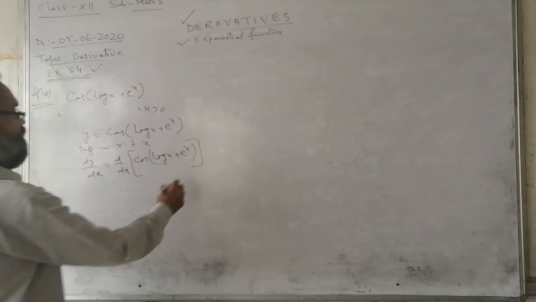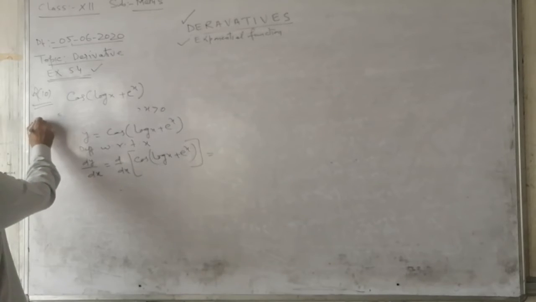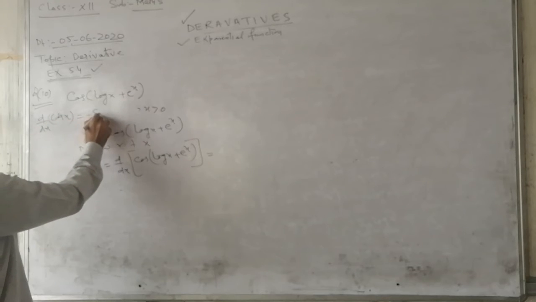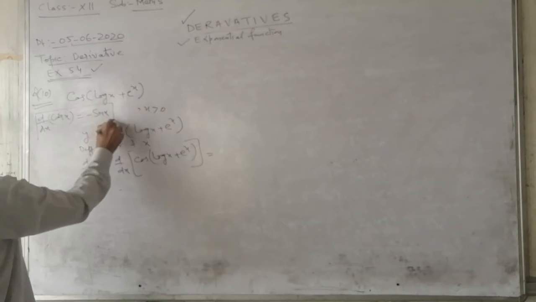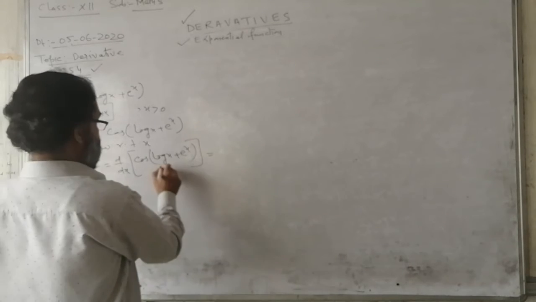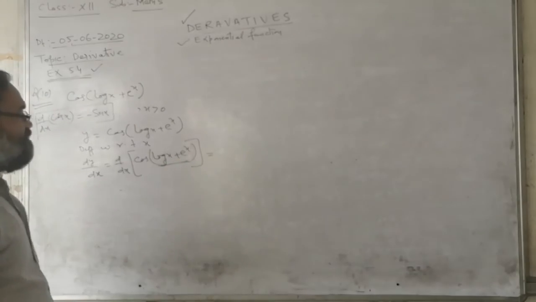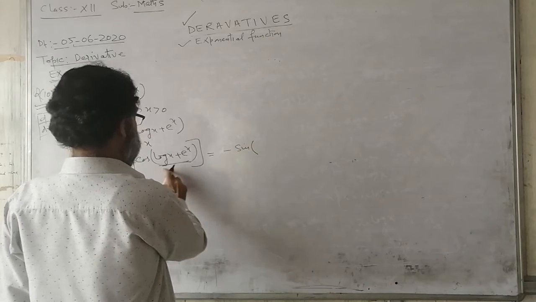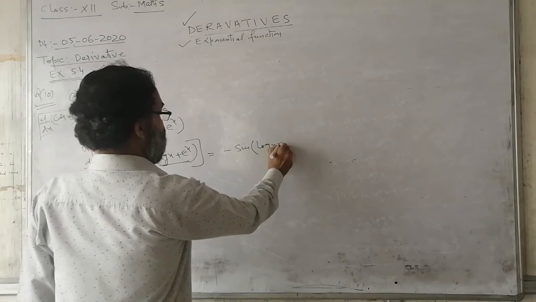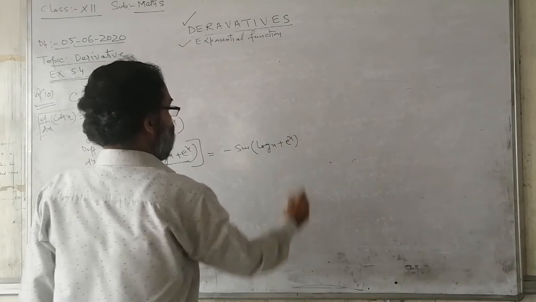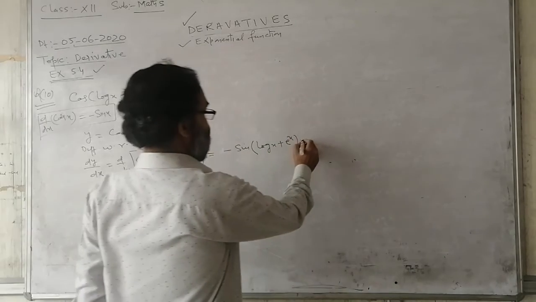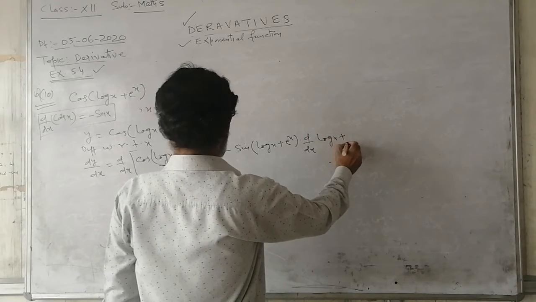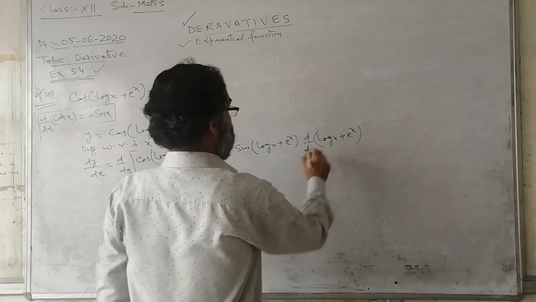So this will equal cos... The derivative of cos x is minus sin x. So if I consider this as x, its derivative will be minus sine of the same angle, into the derivative of this, d/dx of (log x + e^x).